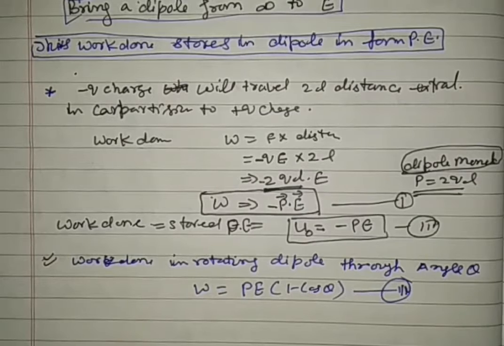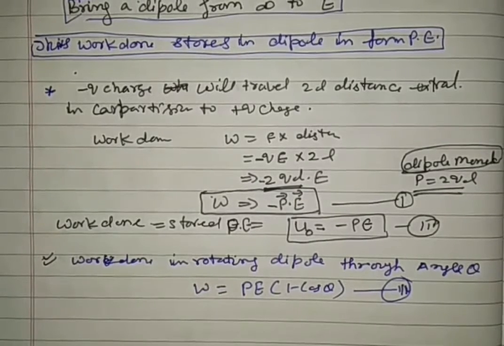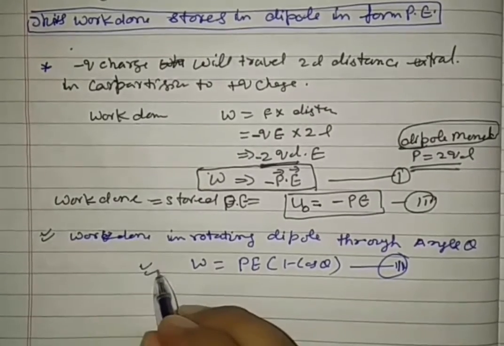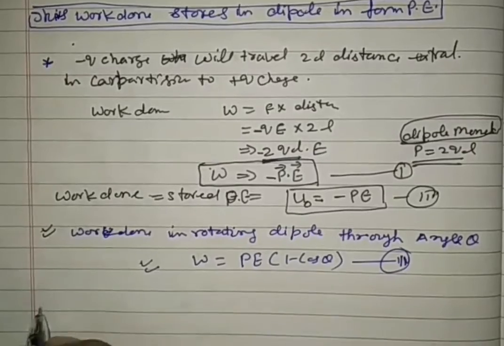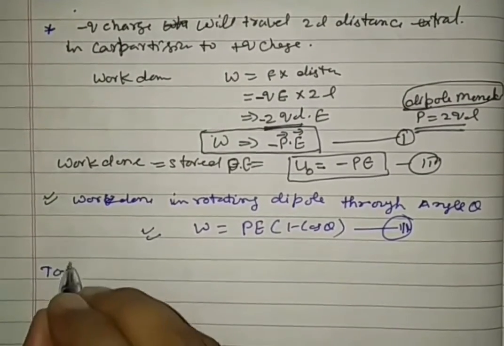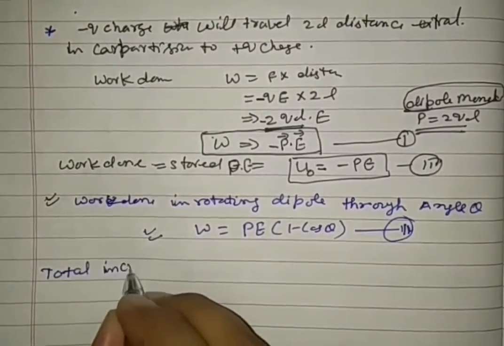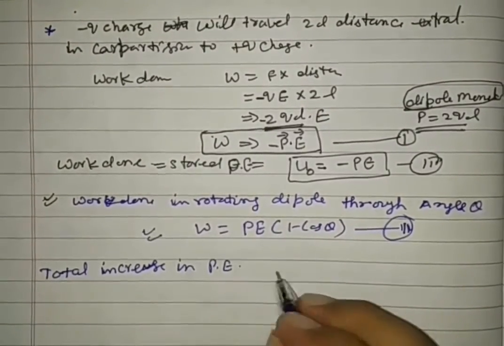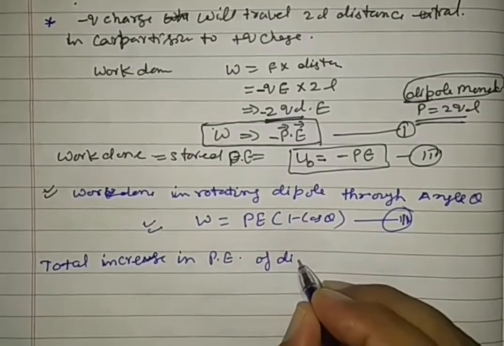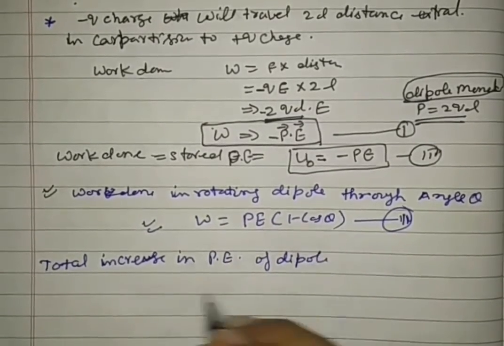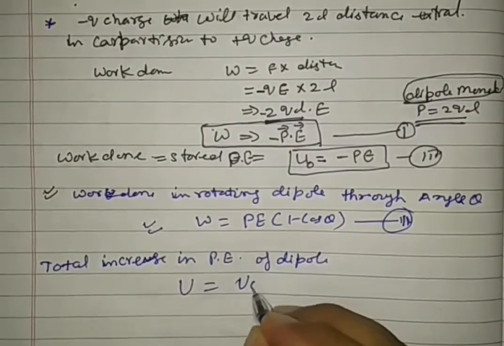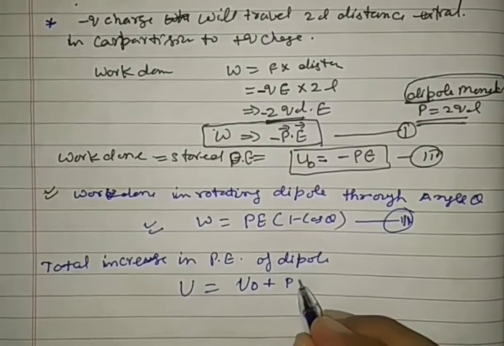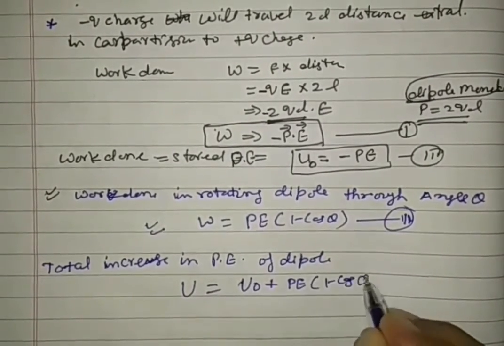Now this work, when we rotate the dipole, is also stored in the form of potential energy. Hence the total increase in potential energy of a dipole: U is equal to U naught, the energy of bringing it from infinity to here, plus the rotating work pE(1 minus cos theta).